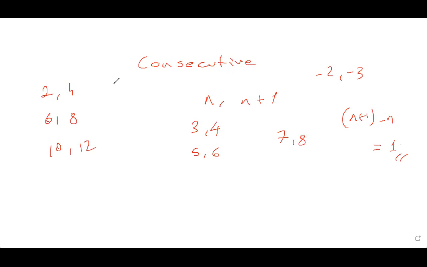Consecutive odd integers: 1 and 3, 3 and 5, 5 and 7, or 11 and 13. And normal consecutive, just consecutive, like 1 and 2, 2 and 3, 3 and 4. It's an easy thing, don't worry.